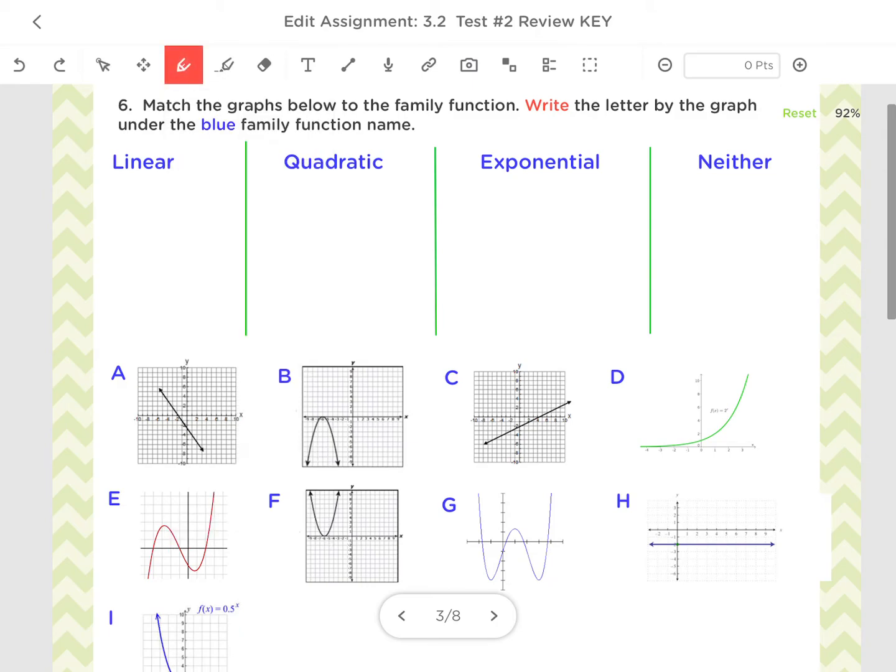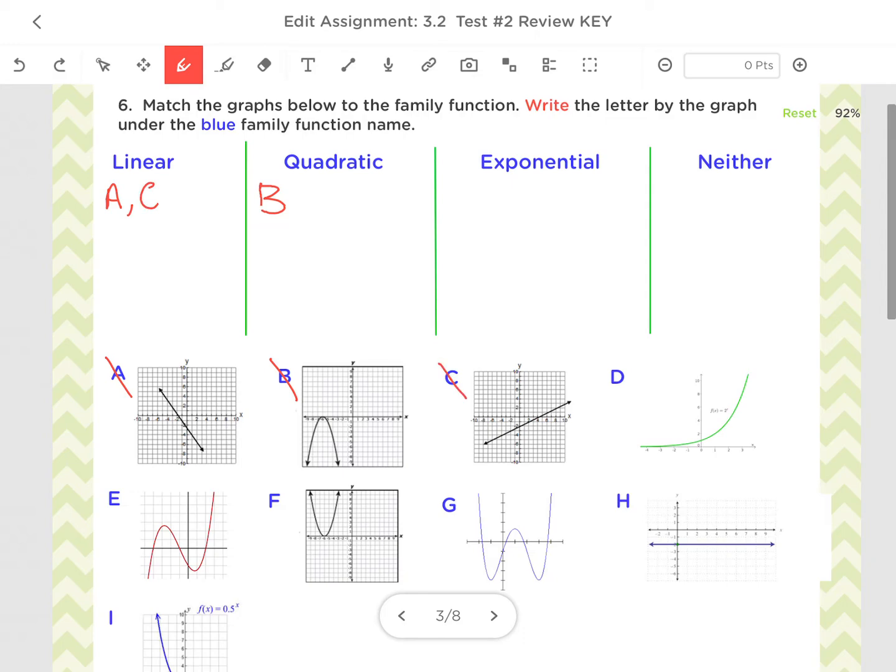Let's look at letter A. A is a straight line, and I know straight lines go with linear. B makes that parabola shape that opens down. That is a quadratic. C, another straight line, and it's increasing this time, whereas A was decreasing. So I'm going to list C there.